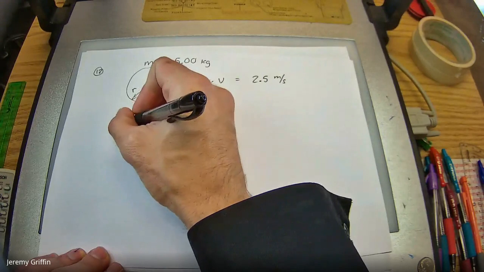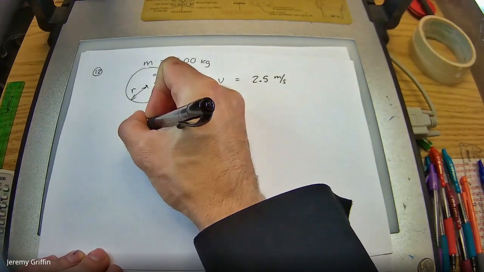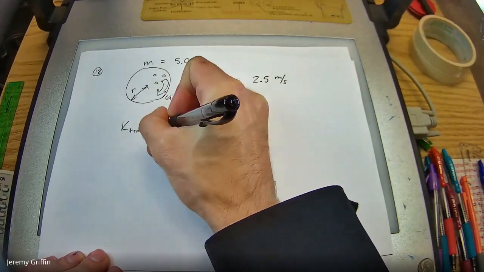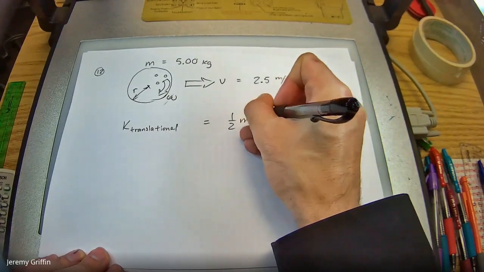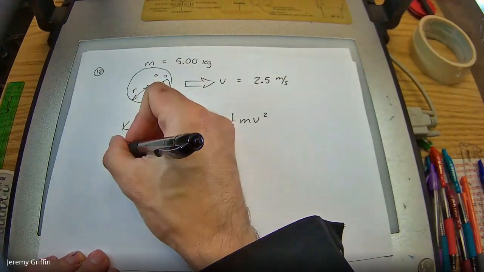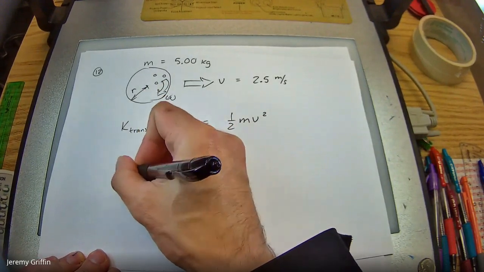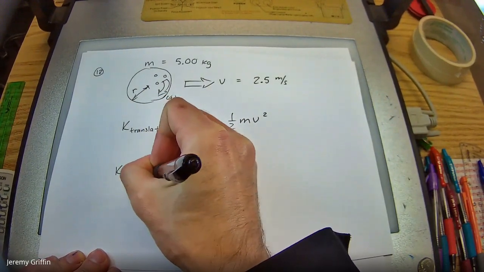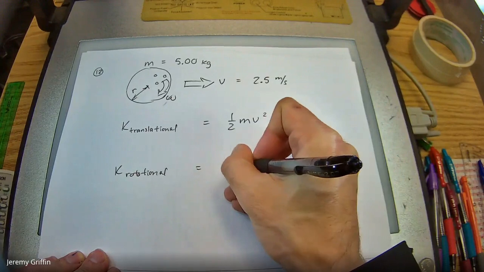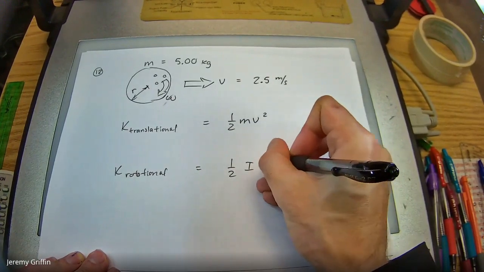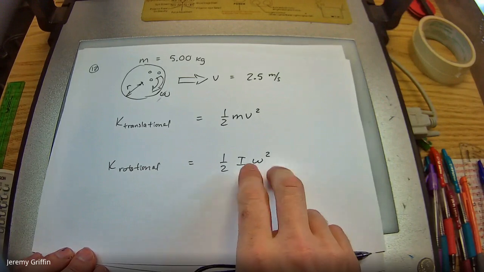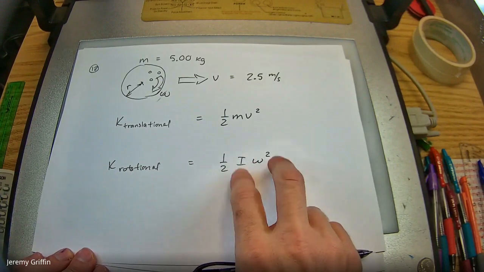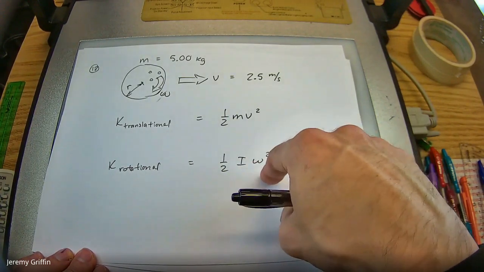Because K translational, that just means linear, is your classic 1/2 mv squared that goes back a few weeks in this class. Okay. But K rotational, well, that's 1/2 I omega squared. Okay? And, well, hold on to that idea.